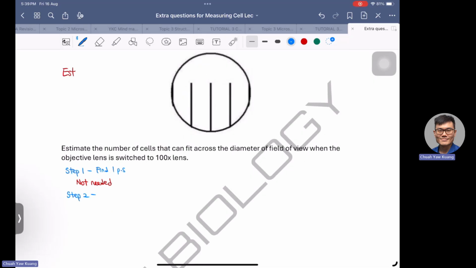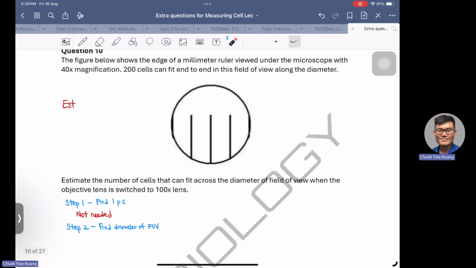Step number two is we want to find the diameter of the FOV. Based on this figure, we can see that this is one line, two lines, three lines, four lines. That means this is a millimeter ruler. So this is 1 mm, 2 mm, 3 mm, 4 mm, because each of these lines of the ruler is 1 mm.